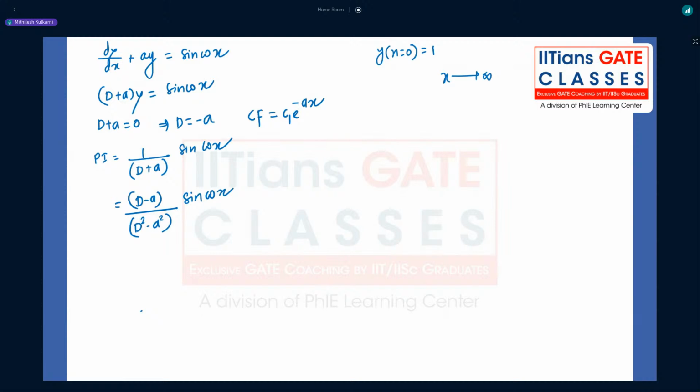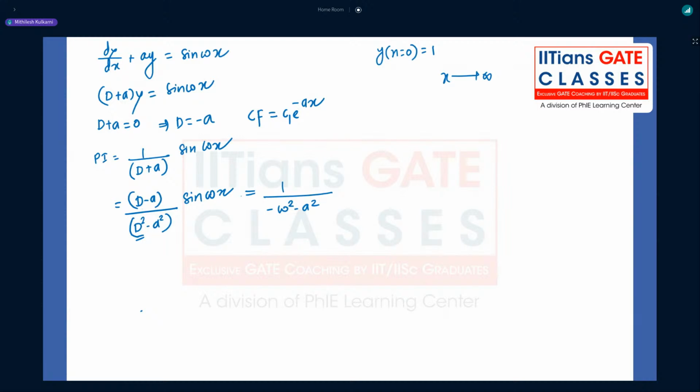So when we operate this function on sine of omega x, D minus a will remain as it is. First of all, here you will replace D square with minus omega square. So I'll write the denominator first, 1 upon minus omega square minus a square, and in the numerator you will operate D minus a on sine of omega x.